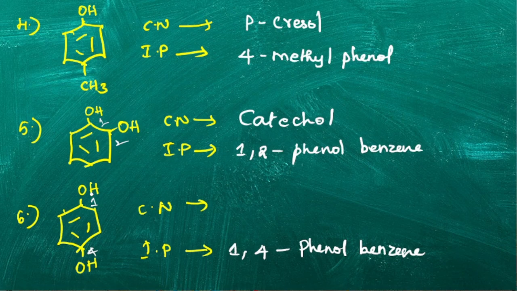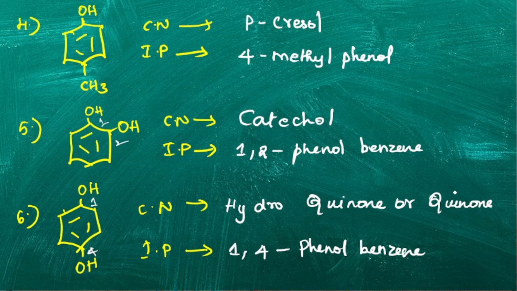So here you cannot call it para, but you can say it as hydroquinone. Hydroquinone or simply quinone. Clear? So this is how you give the IUPAC name and common name.